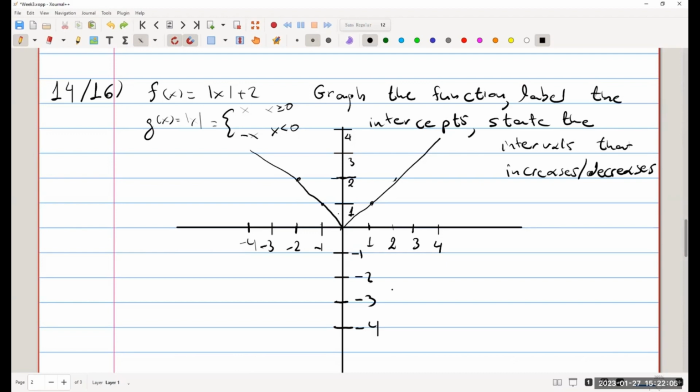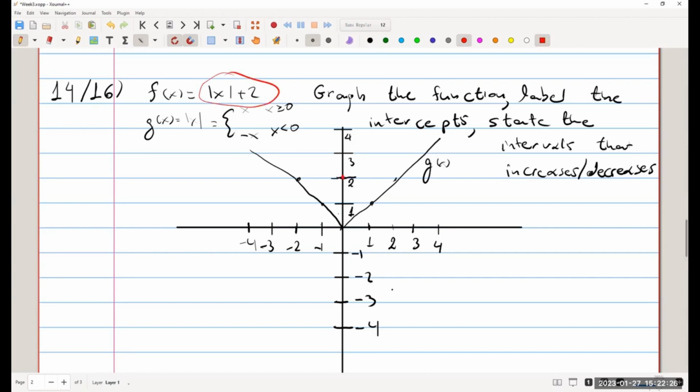You either do a shift or a stretch or shrink or a reflection. Now, in order to get from g of x, which is equal to the absolute value, to our function f of x, I just need to shift up by 2.